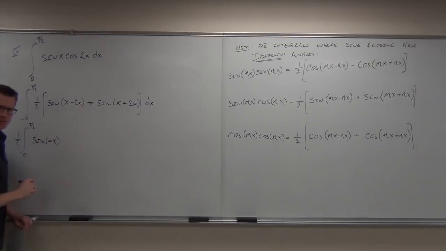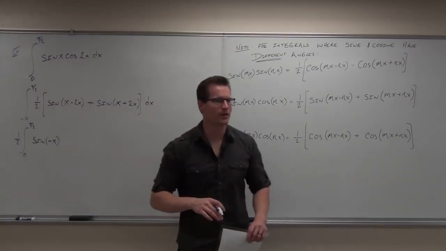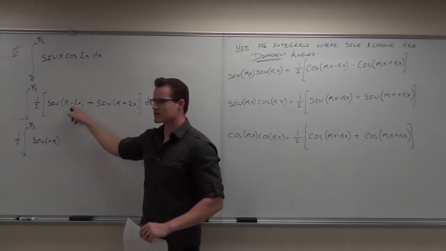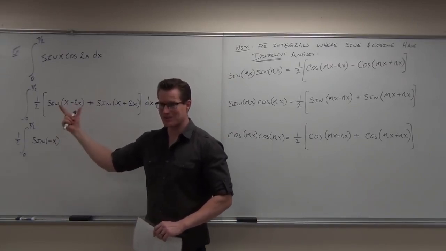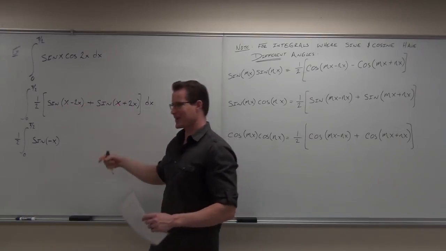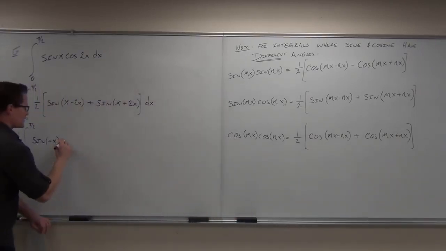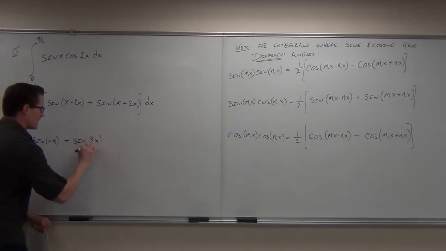Sure, it's equal to negative sine x. First, I get some weird looks on that one, like, what are you doing? What's x minus 2x? Okay, you can do this stuff. Just combine them. They're inside the parentheses. x plus 2x is, oh, good, okay. Some of you are thinking so hard, you're missing the easy stuff. That happens a lot in this class.